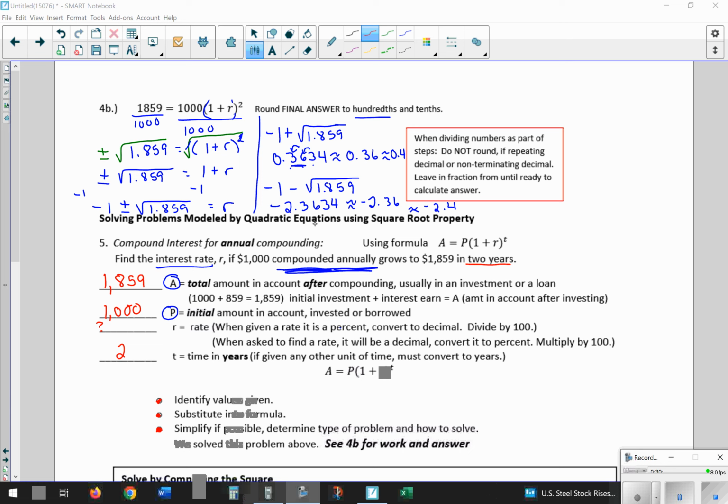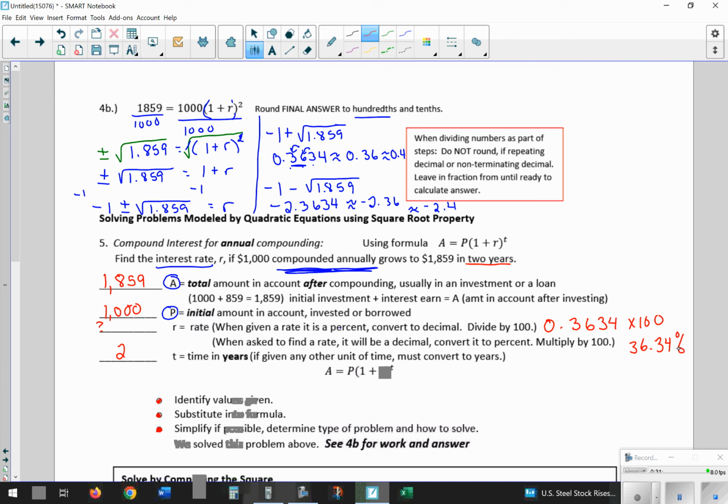Now, one of the things about percents with investments is that we do want to do this multiplication before we round, which is one of the reasons that I gave you so many decimal places here. So we multiply this by 100, that's going to give us 36.34%. And then this is what I would round.